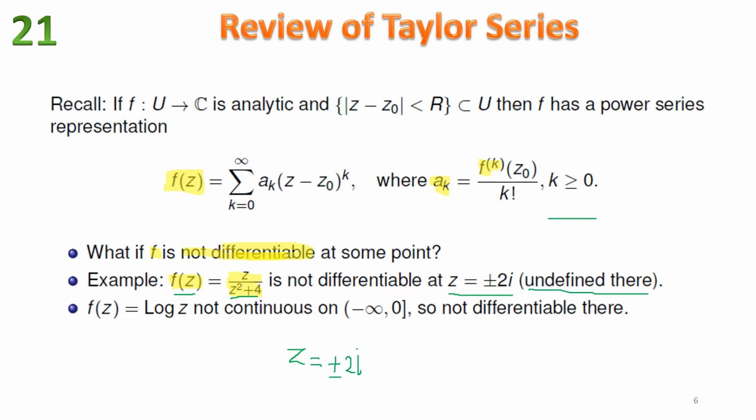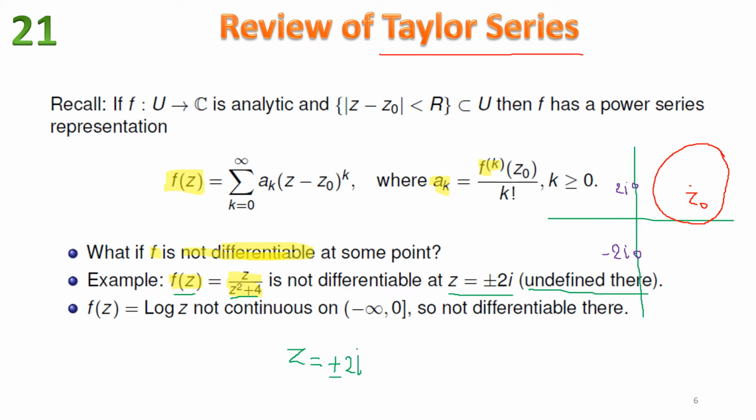So if we consider the complex plane and if we consider two points, 2i and minus 2i, then we can consider a circle of radius r around a point, say z0, and we can deal with the issue of Taylor series or power series.